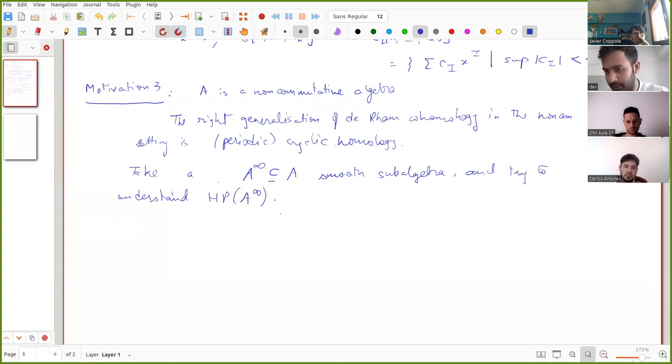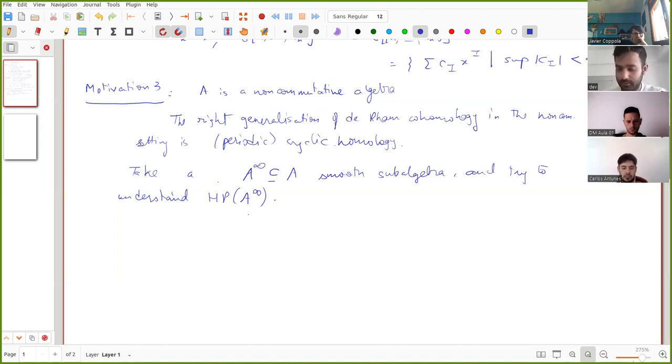But again, that's not the algebra we want to understand. We want to understand the periodic cyclic homology or some invariant of A itself. But okay, this is at least some starting point where we might have some hope of answering questions about the algebra A itself.